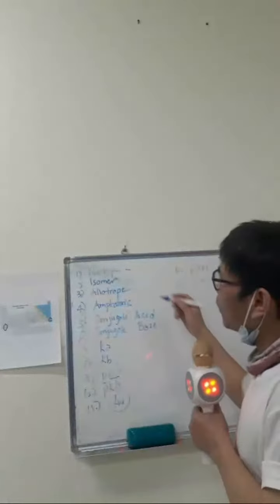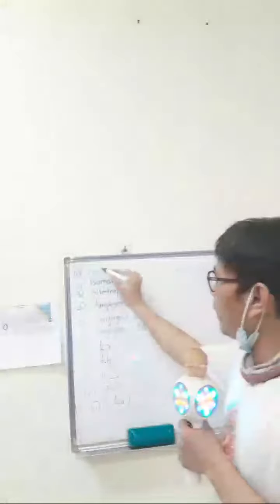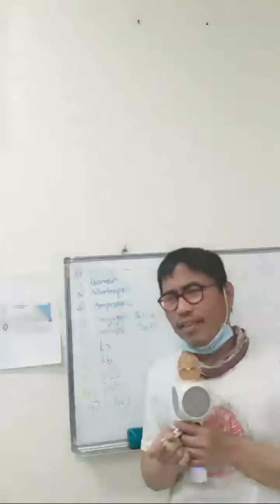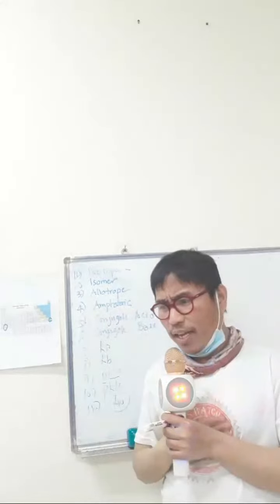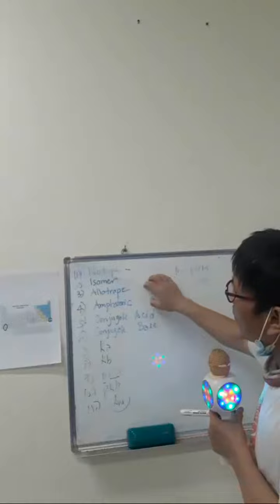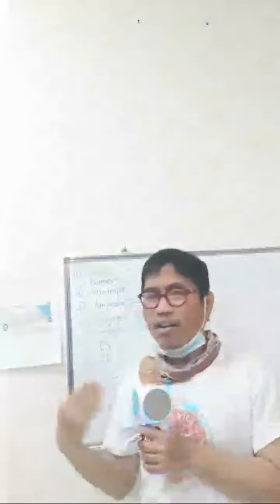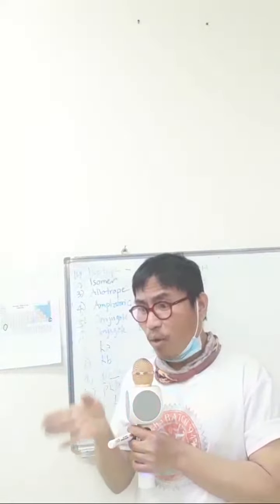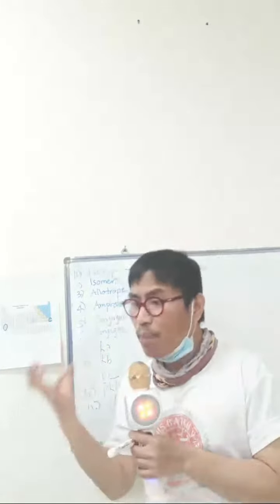Number 2. What is an isomer? The iso means similarities. In Greek, I think, iso means similarities. Isomers are compounds that have the same chemical formula but differ in their physical properties, chemical properties, and how they are oriented through space.